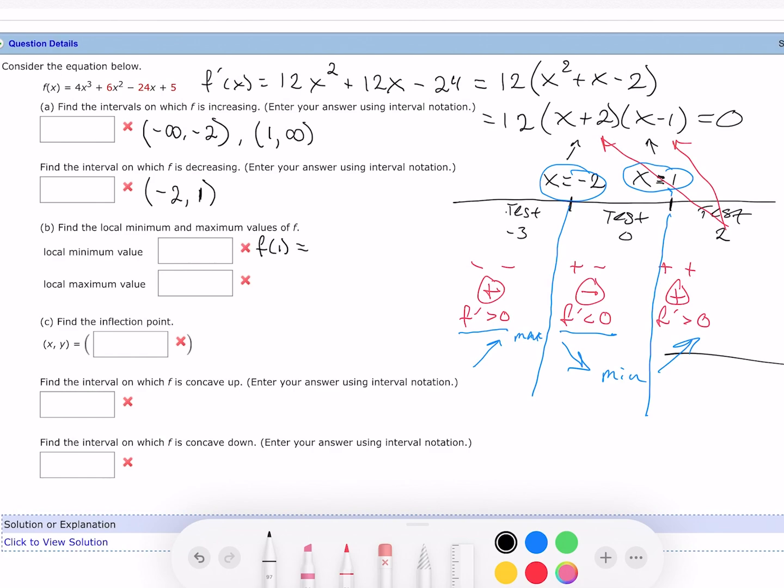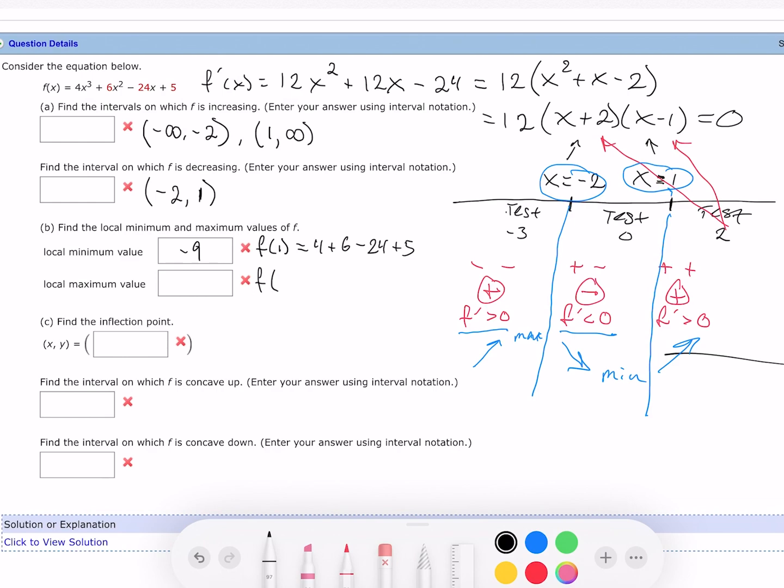That's going to equal 4 times 1 cubed, which is 4, plus 6 times 1 squared, which is 6, minus 24 times 1, which is minusing 24, and then adding 5. So I've got 10 minus 24, which makes negative 14, plus 5, which makes negative 9. If my arithmetic is correct, which it is not always.